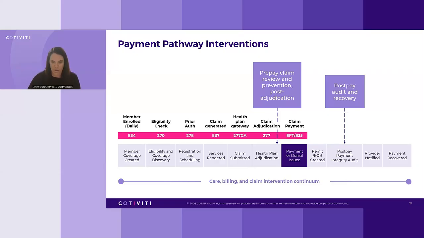Each one of these boxes, for lack of a better word, requires unique data. And so we can talk about member enrollment or prior auth check or the 837, the 835. All of those have to translate into data attributes to be submitted to the health plan to be able to start the payment process.